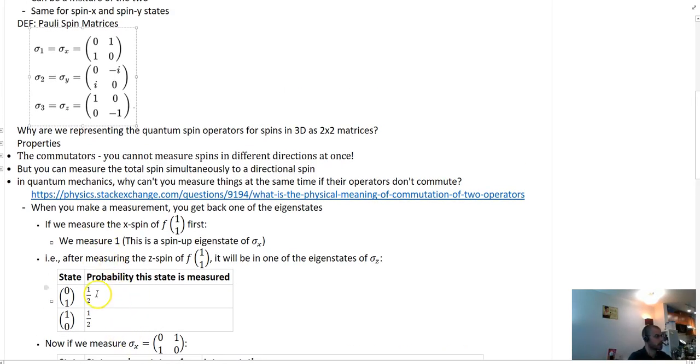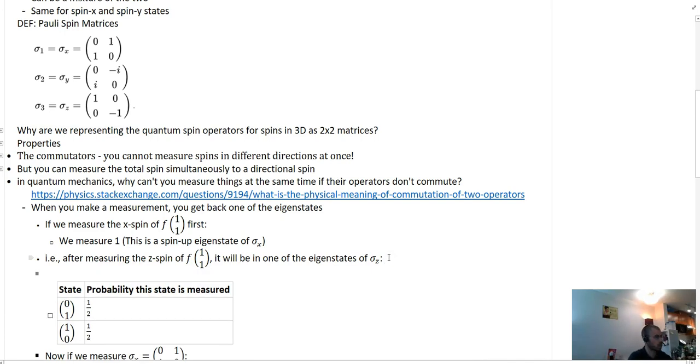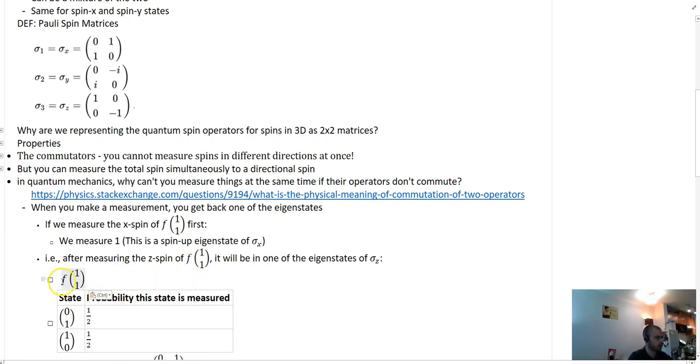All right. So for the z eigenstates, I want to represent this. Remember, f is our 1 over root 2, right?